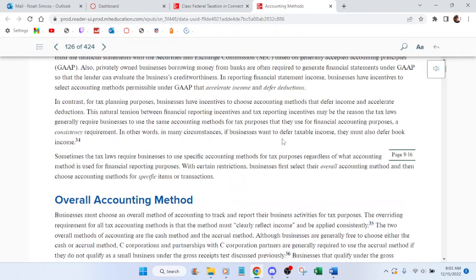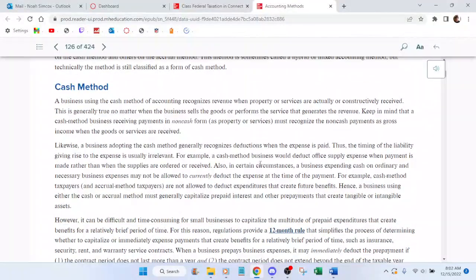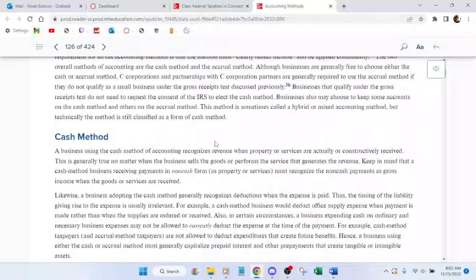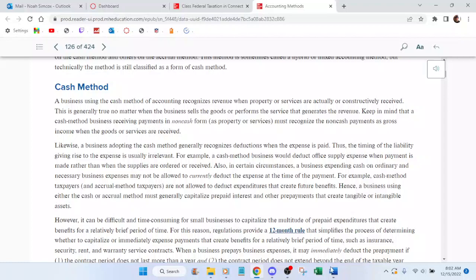Okay, I can skip a few parts of this. I just have to look at cash method and accrual method. This is going to be so fun to read and also have to understand, because there's so much complicated stuff related to the two different methods of accounting. There's so many exceptions to all the rules. It's too hard to memorize all the exceptions.